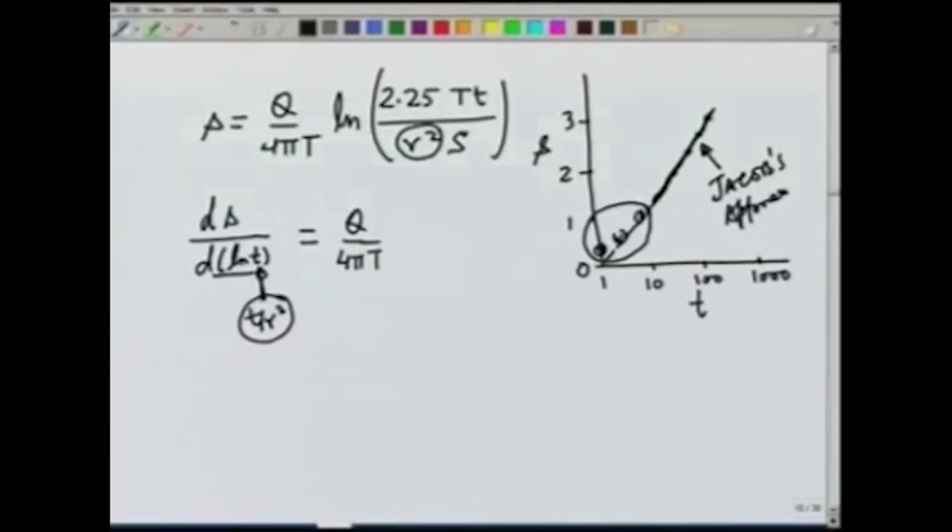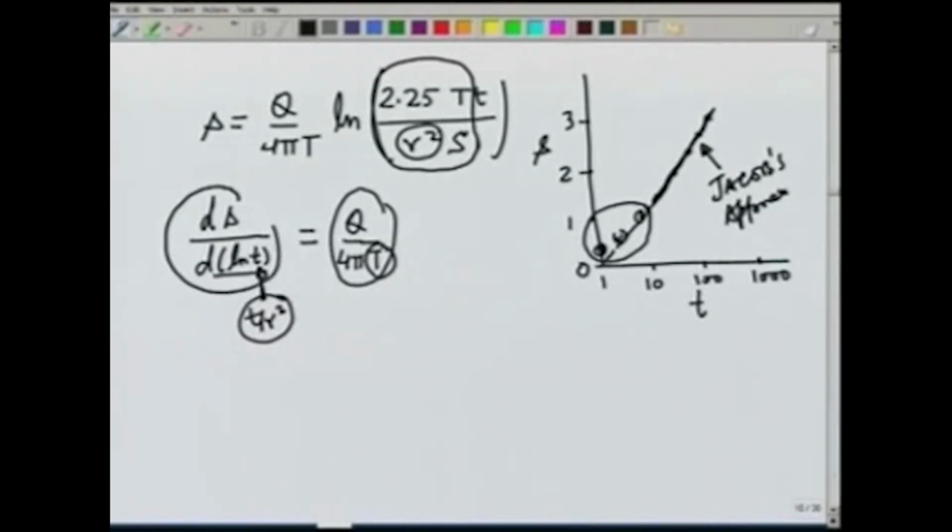If we assume that r is a constant, then we can use here ln t and keep this r square within this constant value here. So, the slope of the drawdown versus log time curve will give us q over 4 pi t, and from that slope t is the only unknown. Once we find the slope, we can obtain the value of t.